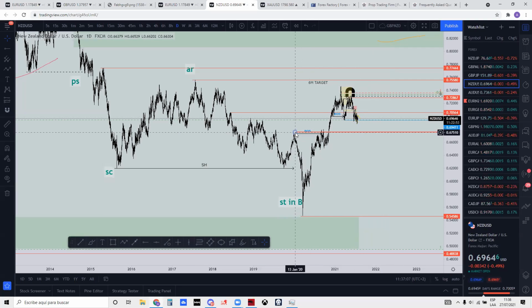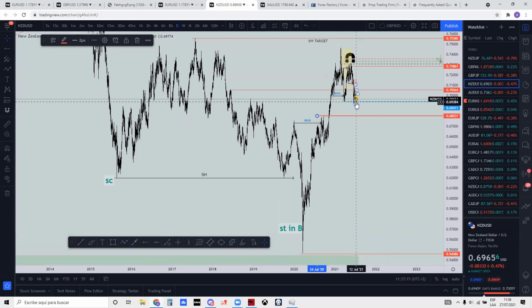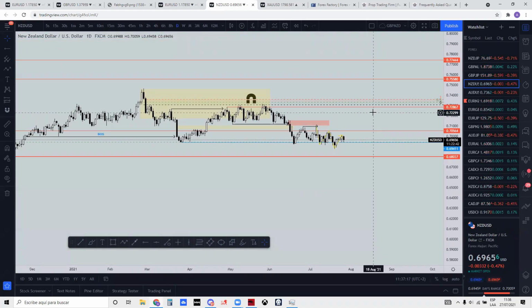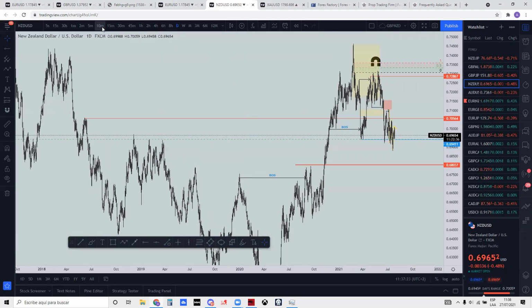So since we have this target, and this order block, all of this move down was mitigated by this tiny little consolidation here, we could have this as a midterm target for price to go to. So I'm trying to look for a reason for price to continue going lower, and we have that reason. There is still room to go lower.